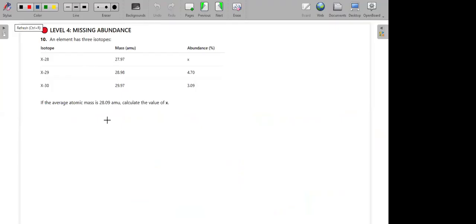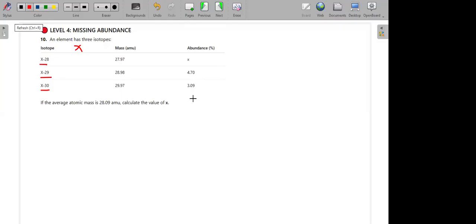You've seen the question: an element has three isotopes. Let that element be X. There is the isotope 28, isotope 29, isotope 30. All of them have different masses, and here you have the percentage abundances.